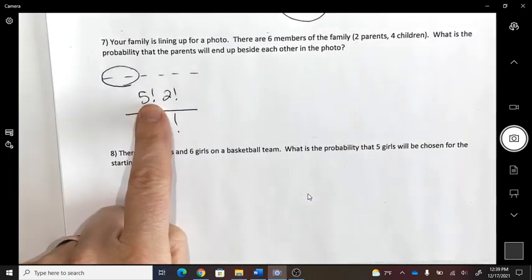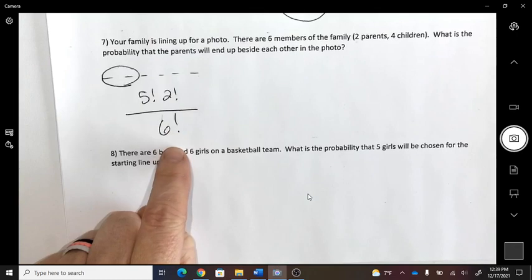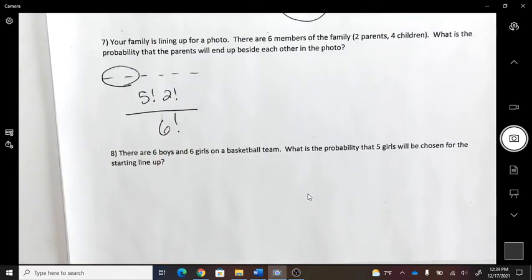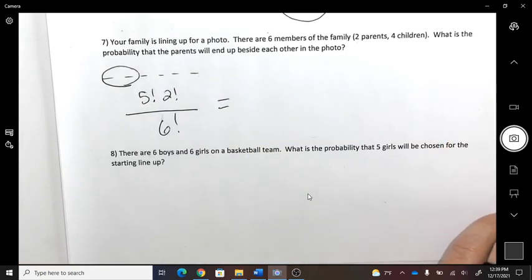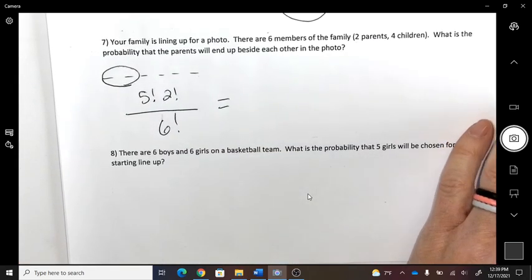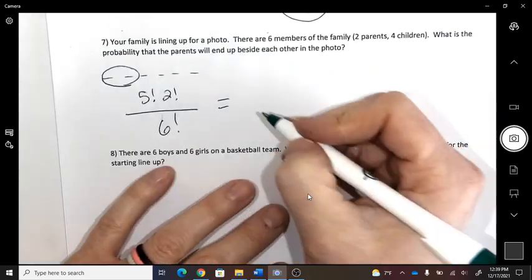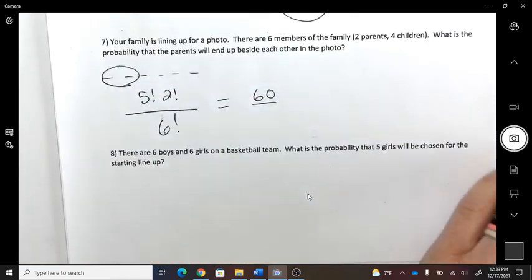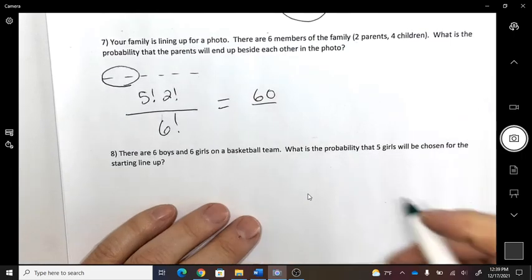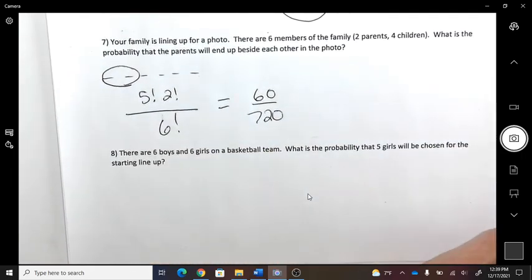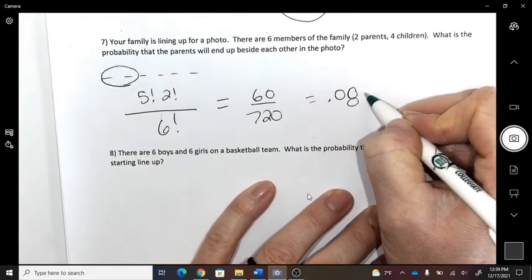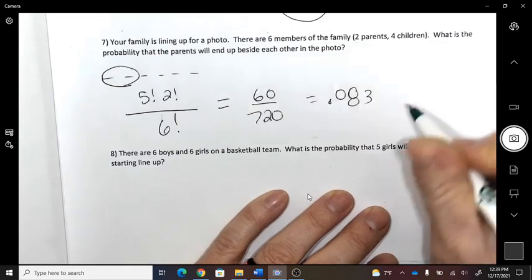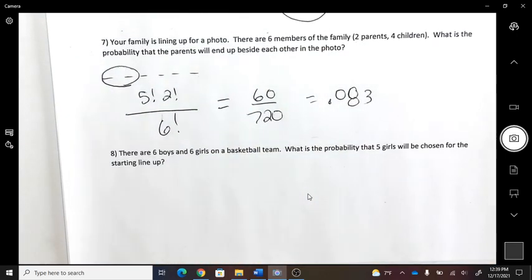So this is the arrangements of my situation divided by the arrangements that could, no matter what, all happen. Okay, I'm guessing you'll want to do that as a decimal or percent, or fraction, whatever you want. Fraction, I like fractions.